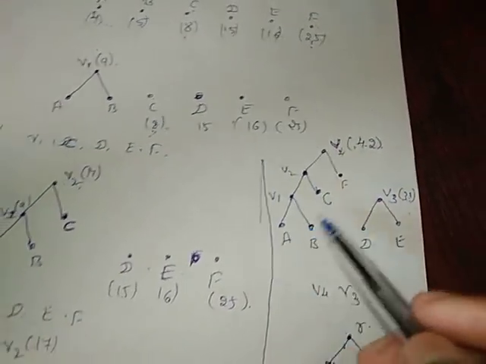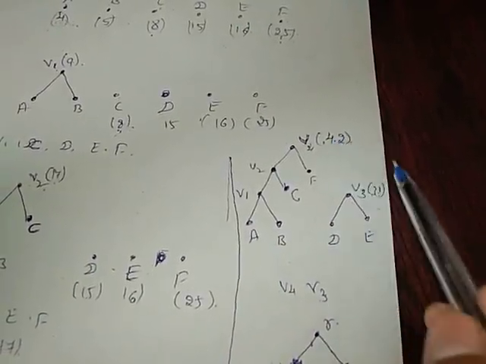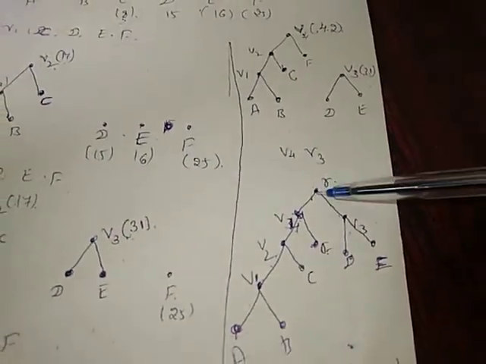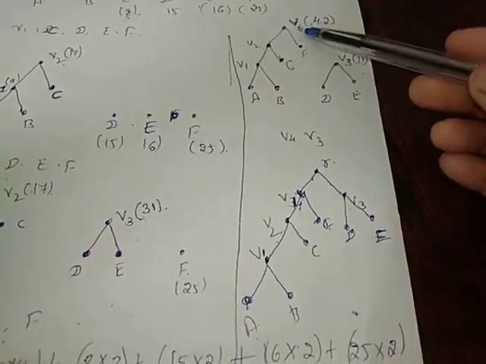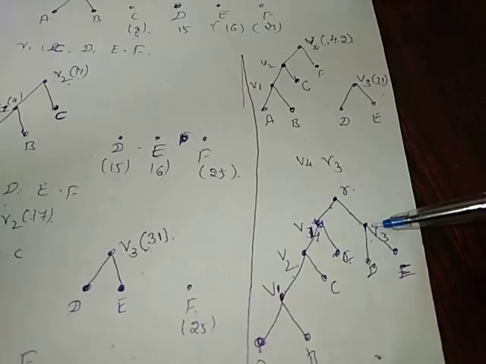Now the graph is like this. Now the remaining vertices are only V4 and V3. Now take a root R and draw the tree by making V4 and V3 children.